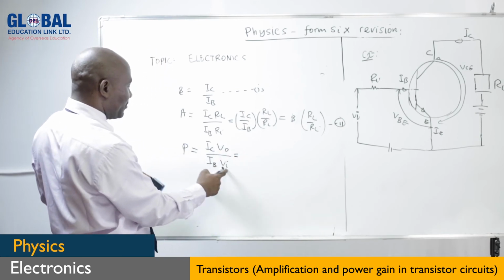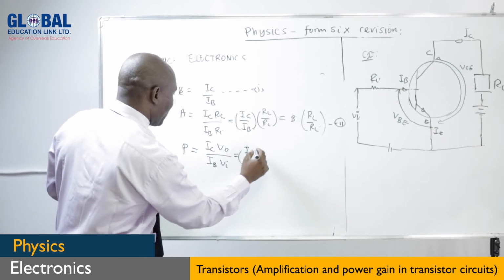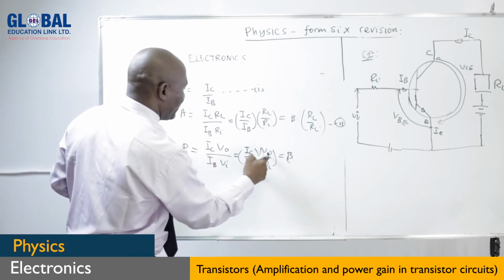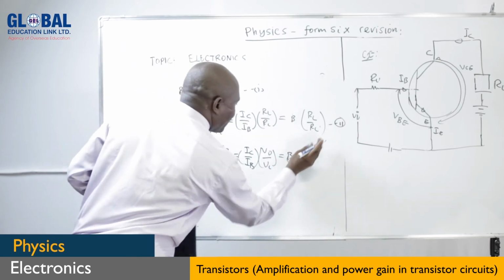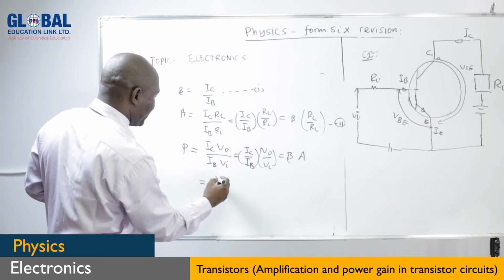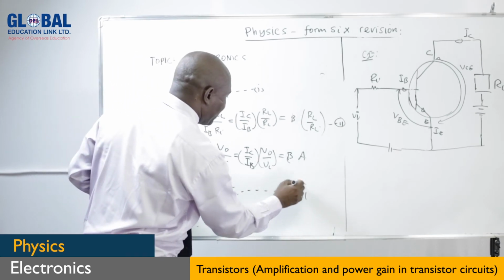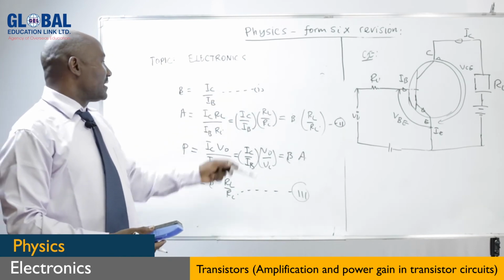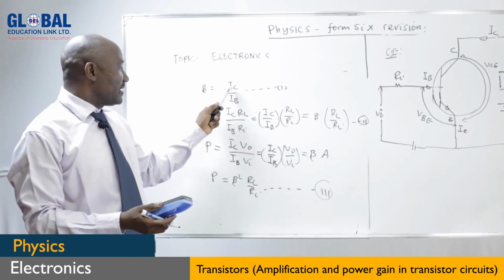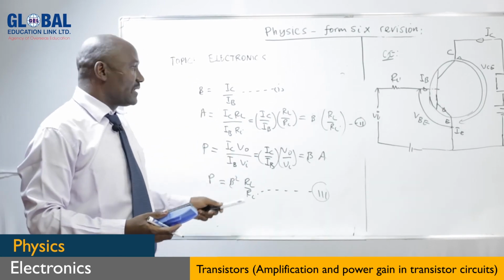We make the arrangement, and this gives us the current gain times the voltage gain, which means that if you open the bracket, we have beta squared RL over RI. So whether common emitter or common base, the formula for current gain remains the same. You should know which one is the input and which one is the output voltage, and the input and output current respectively. So we have the current gain, voltage gain, and the power gain.